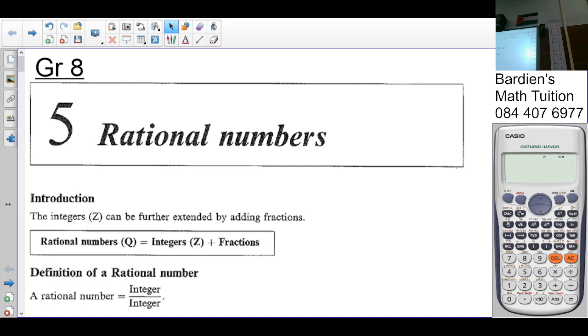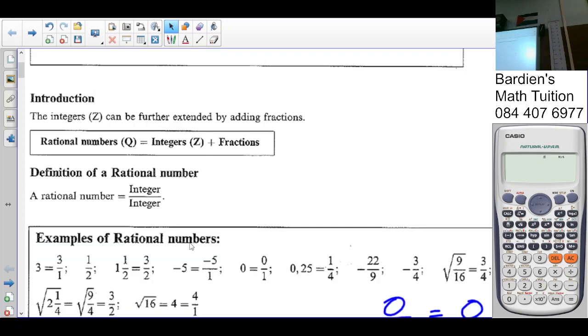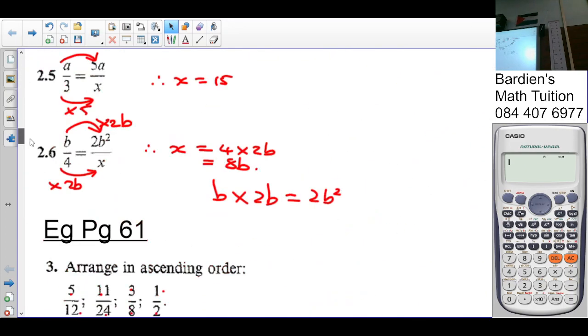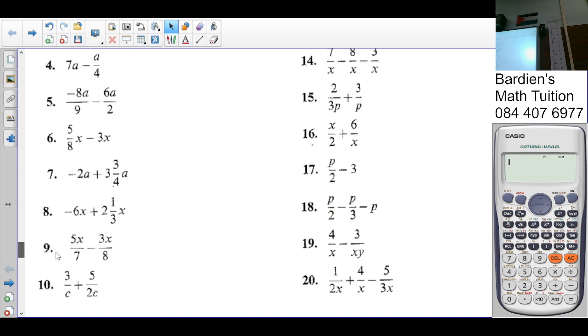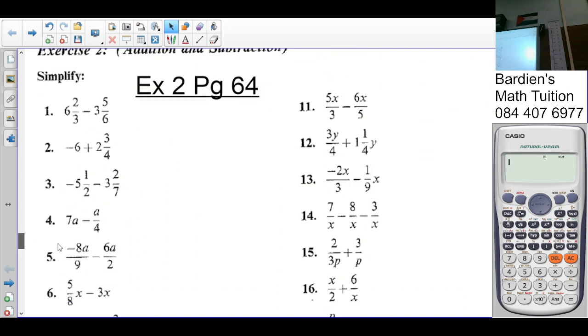The test, people, will be based on worksheet 1 and 2, as well as this exercise we are busy with, which is rational numbers, exercise 2.